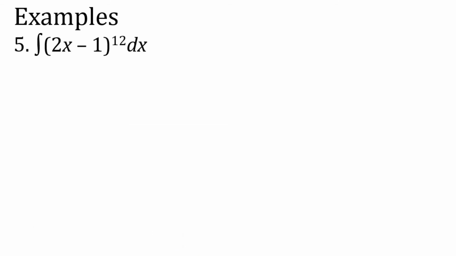Okay, number 5. So this is what I'm talking about. For example, the integral of 2x minus 1 raised to 12 dx. If you're going to expand this raised to 12, you're going to have an algebraic expression with a lot of terms. That's why we will use integration by substitution. Let u equal 2x minus 1, du is 2 dx.